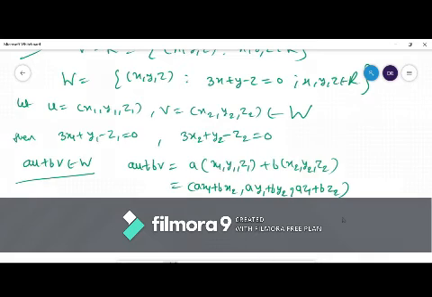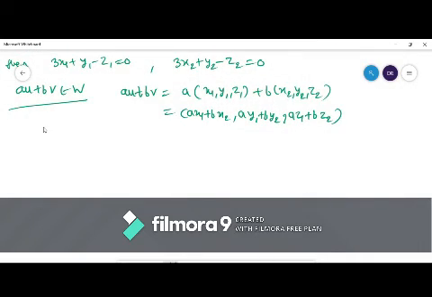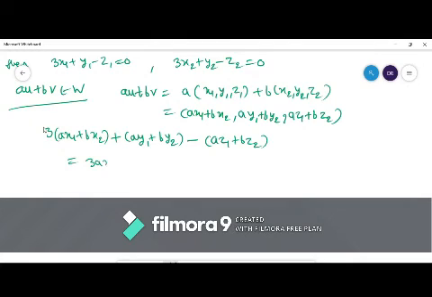We check this condition. 3 times the first element, ax1 plus bx2, plus 1 times the second element, minus 1 times the third element, this is equal to 3ax1 plus ay1 minus az1 plus 3bx2 plus by2 minus bz2.